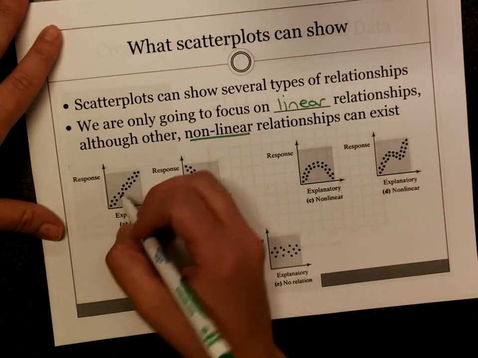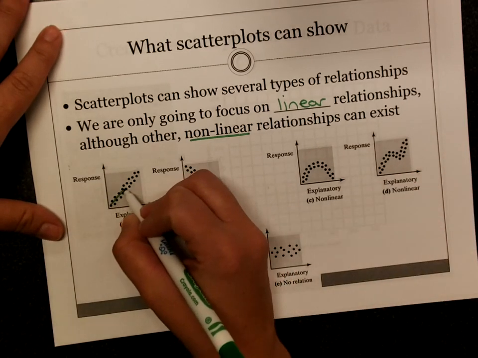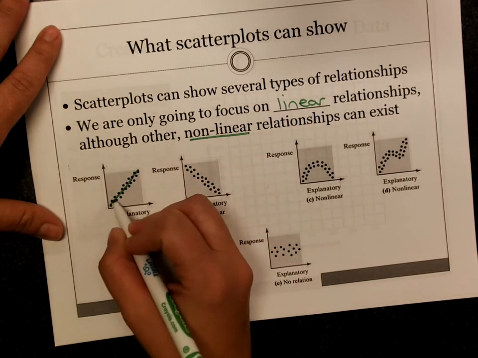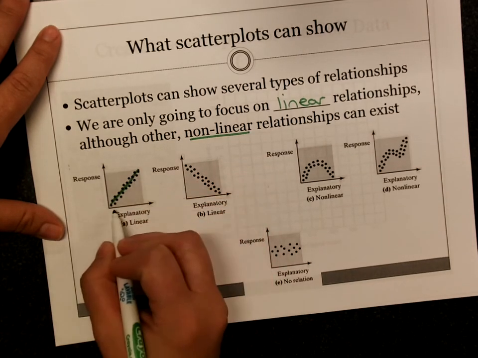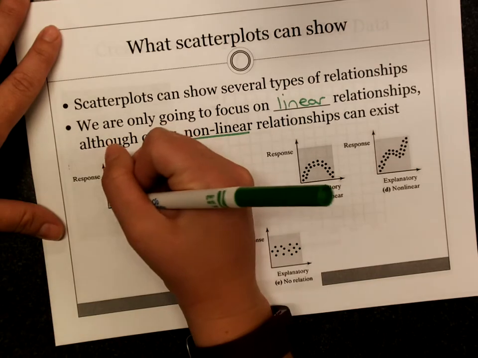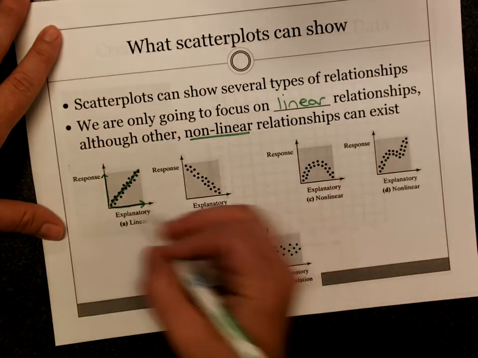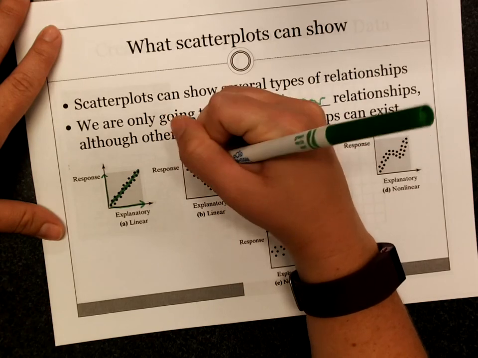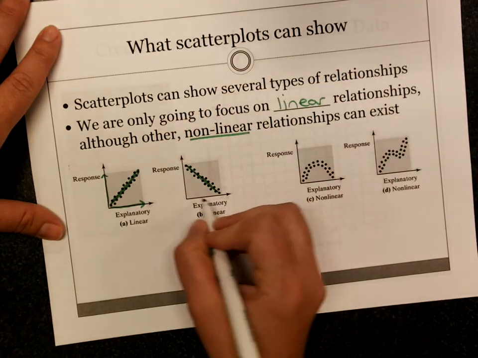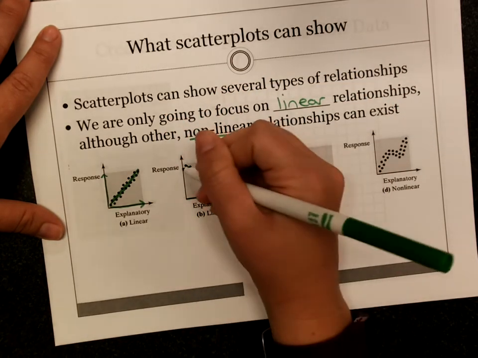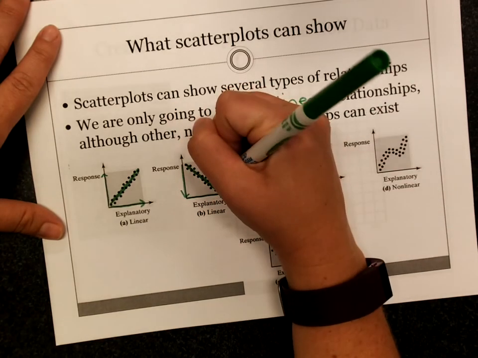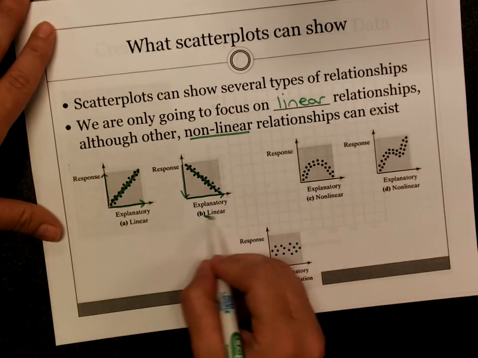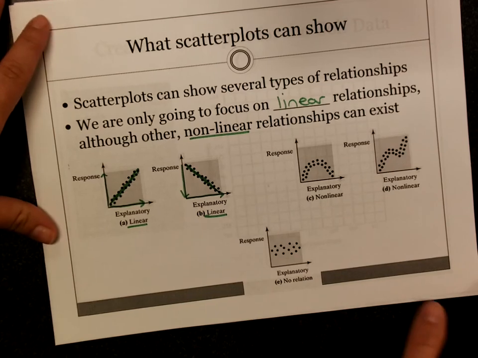We're going to focus on the ones that have a positive linear relationship, where most of the scatter plot points go up: as the explanatory variable increases, the response variable increases in a nice straight line. Or we'll focus on the ones that have a negative relationship. As the explanatory goes up, the response variable goes down, so it's a nice straight negative linear relationship. Both of those are linear.